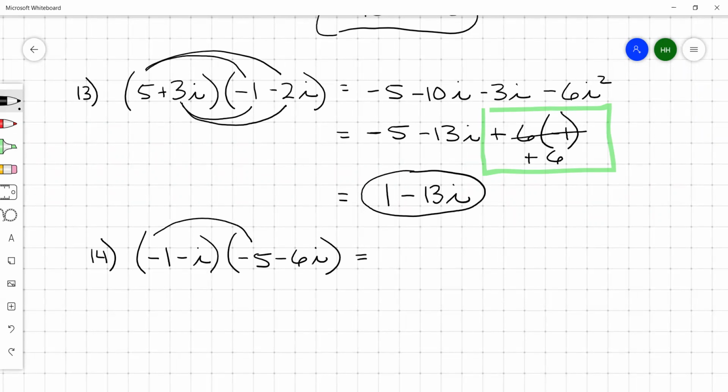Negative 1 times negative 5, that's positive 5. Negative 1 times negative 6i, that's positive 6i. Negative i times negative 5 is positive 5i. And negative i times negative 6i is positive 6i squared.